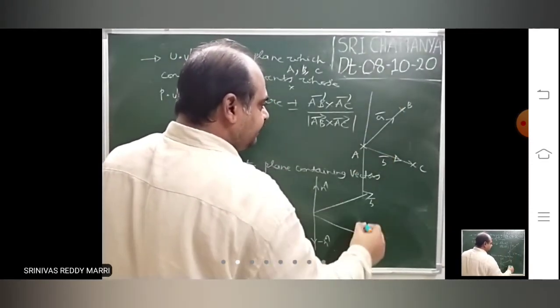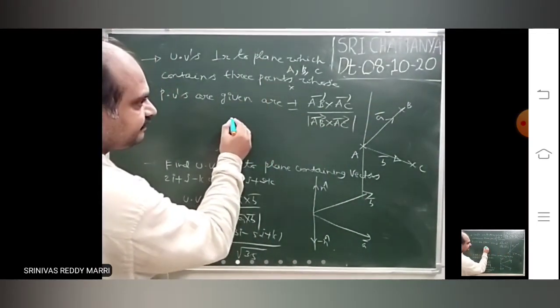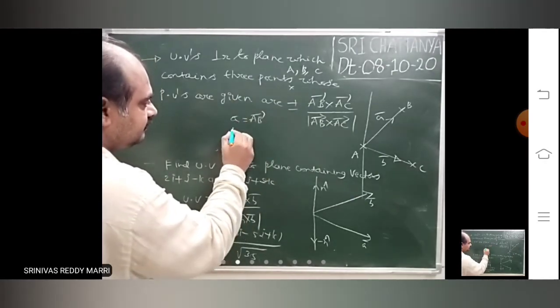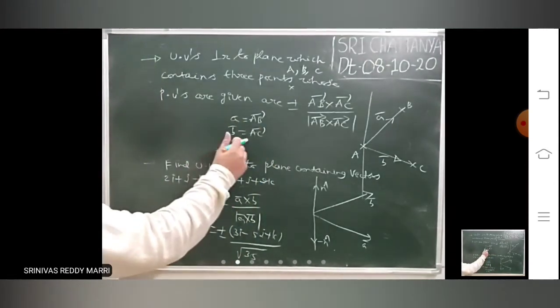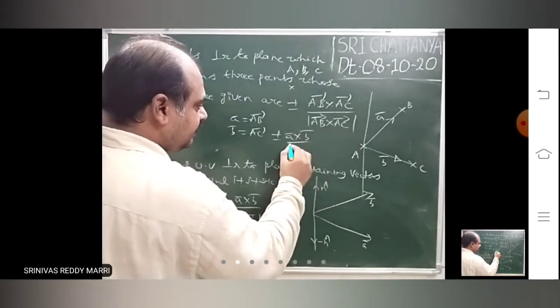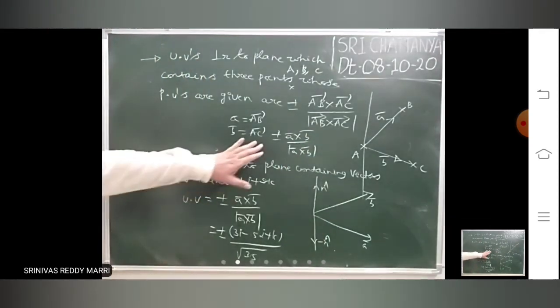That means there will be 2 unit vectors. Here A bar is nothing but AB bar, and B bar is nothing but AC bar. So what is the formula? Plus or minus A bar cross B bar divided by modulus of A bar cross B bar.